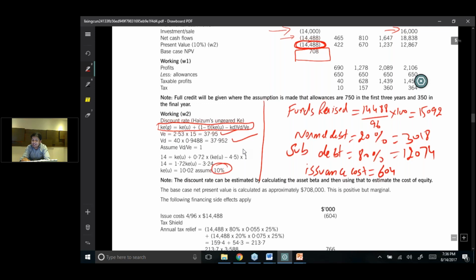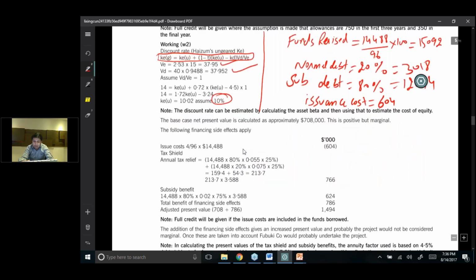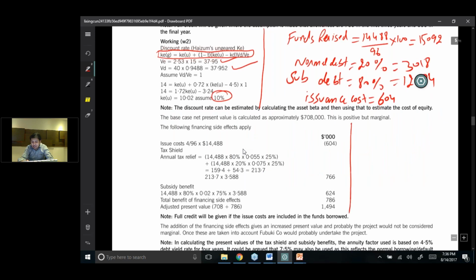You can calculate the tax saving on it. Then the next step is to calculate the tax shield.